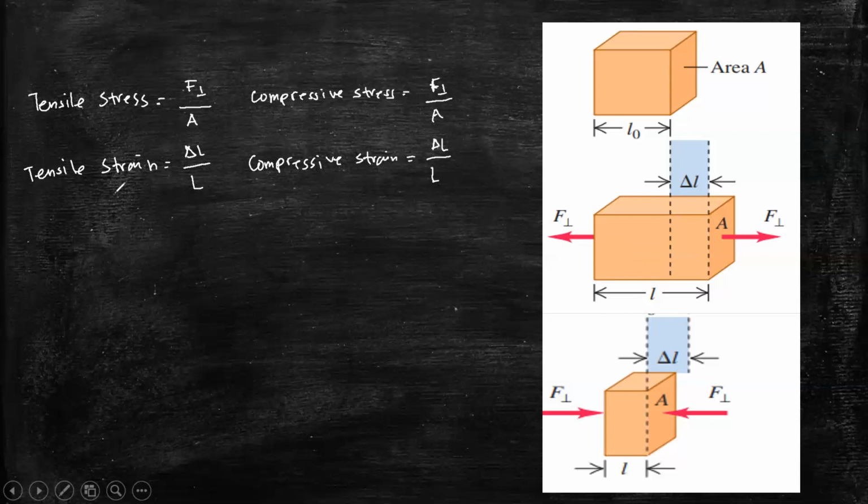And the ratio of the stress and strain is what we call now the Young's modulus. So since the strain is a pure number or a unitless quantity, the unit for Young's modulus is same with the stress, which is force over area, and in standard unit is Pascal or Newton per meter squared.